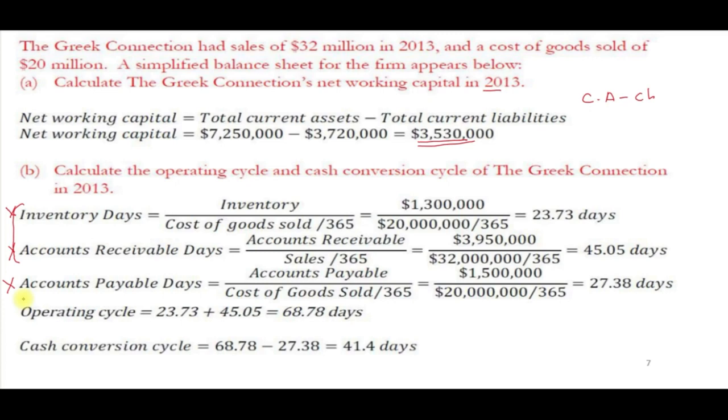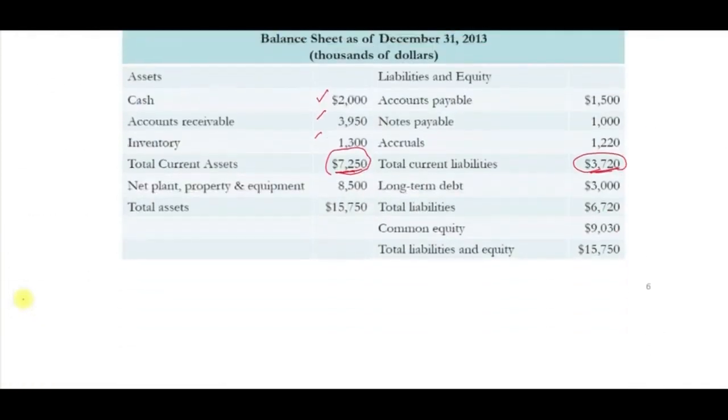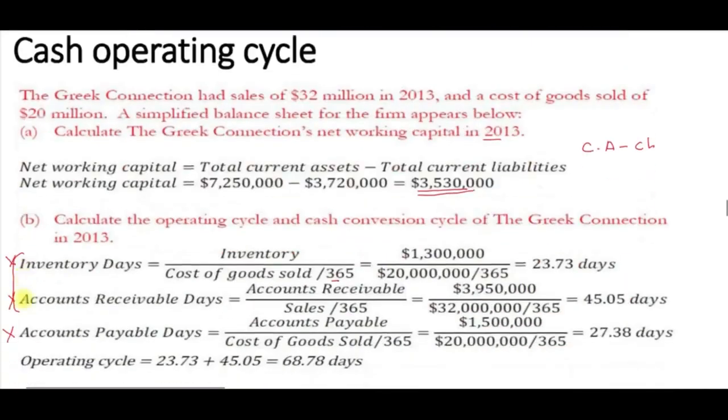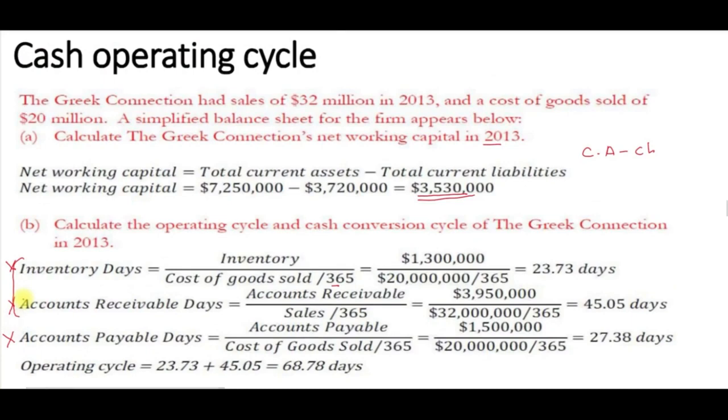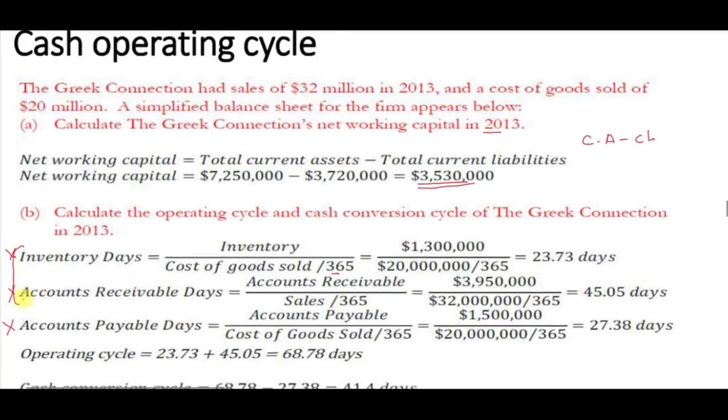It is equal to inventory divided by cost of goods sold. When I say average, it means we divide by 365, because it will give us our answer in days. Inventory in the balance sheet is given, 1300, and cost of goods sold is already given, that is 20.